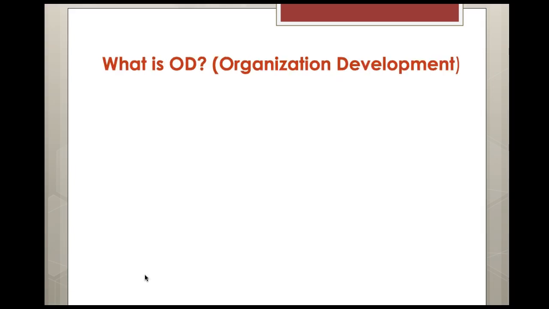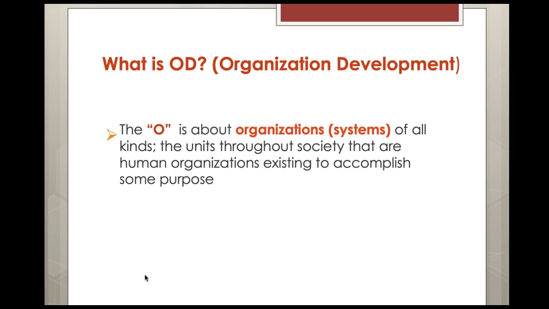Another way to look at it is that the O is about organizations or systems of all kinds. Organizations can be families, very small businesses, large businesses, or subdivisions in a large organization.